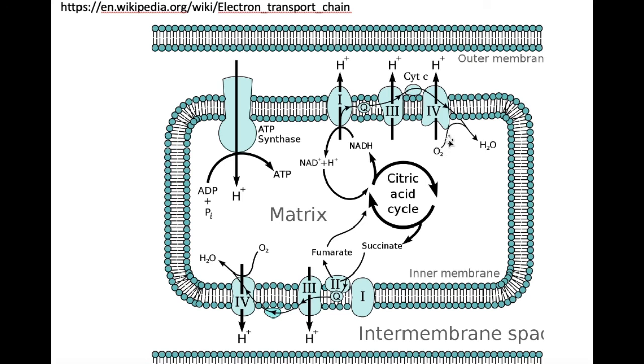Then the electrons eventually end up at oxygen to make water, and then you have a gradient that's generated, and then the protons flow through ATP synthase. ATP synthase spins and attaches inorganic phosphate to ADP to make ATP, and that's your energy currency of the cell.